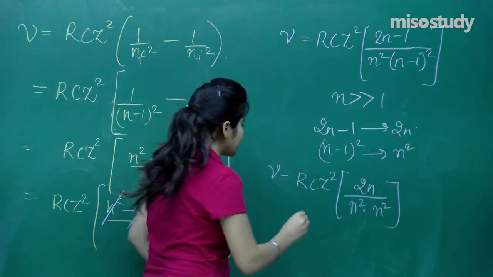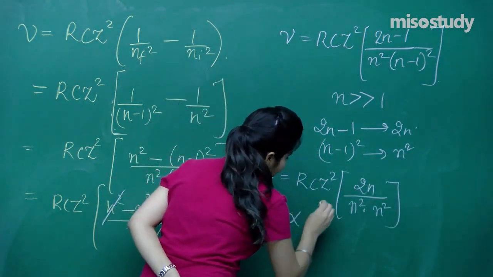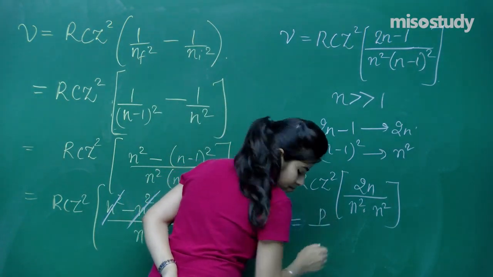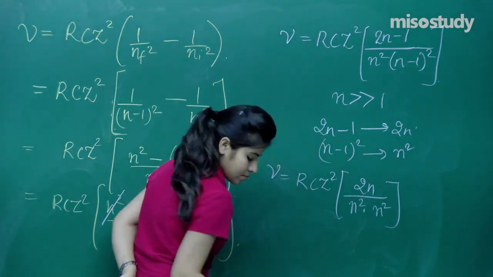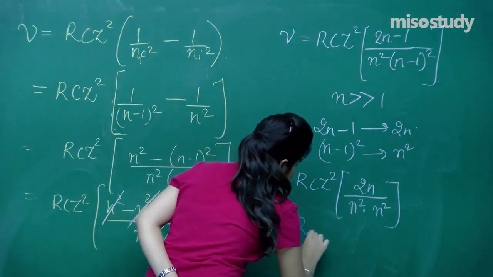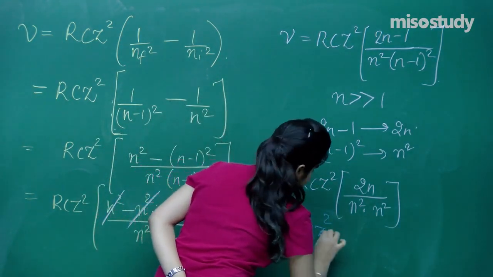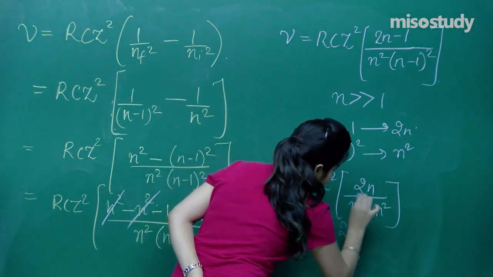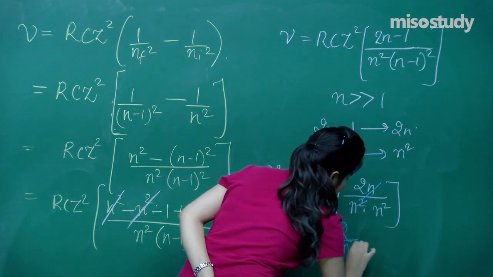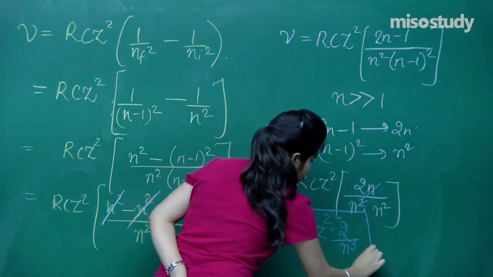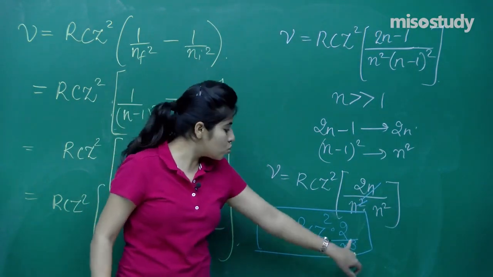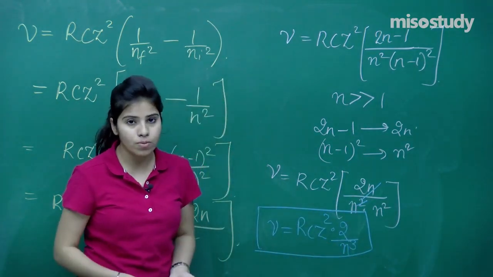So if you write it, you will find out, let me just write it, RC(Z) square, this 2 will be taken out and this n will be cancelled out, you will have 2 upon n cube. So that means your nu has come out to be proportional to 1 upon n cube.